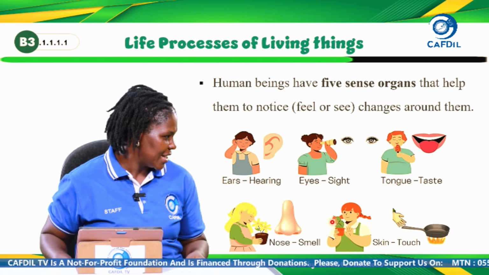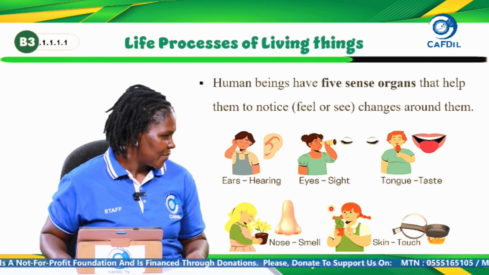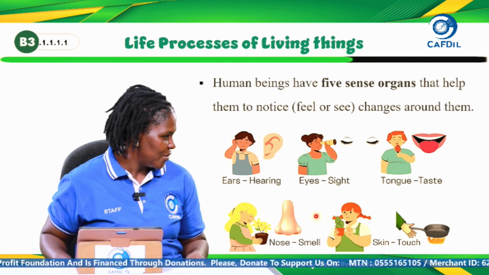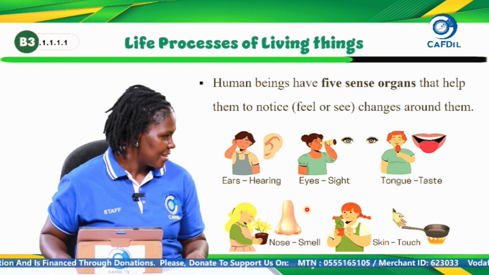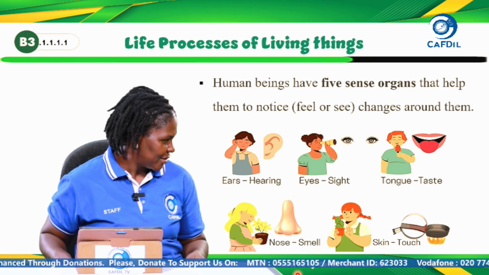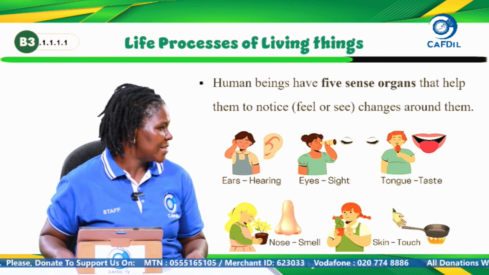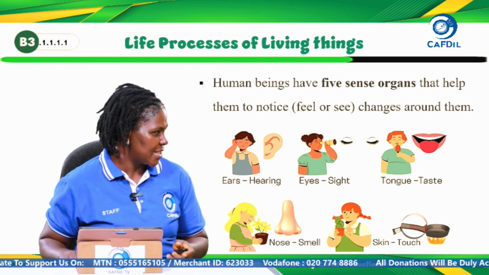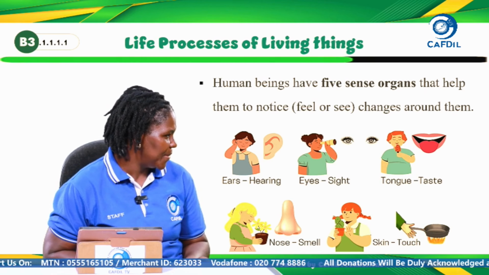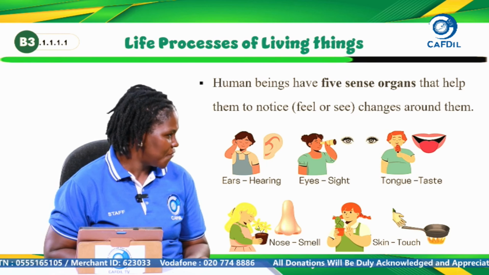If the girl touches the leaf, what will happen to her? You know. Yes. Good. So human beings have 5 sense organs that help them to notice, that is, feel or see changes around them.